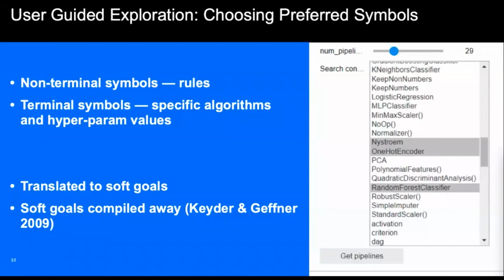The preferences are then translated to soft goals, which are added to the classical planning problem instance. Then the soft goals are compiled away using the transformation proposed by Keyder and Geffner, giving us again a classical planning problem instance. I want to mention that in the third part of the tutorial, Octavian will cover this application in more detail.